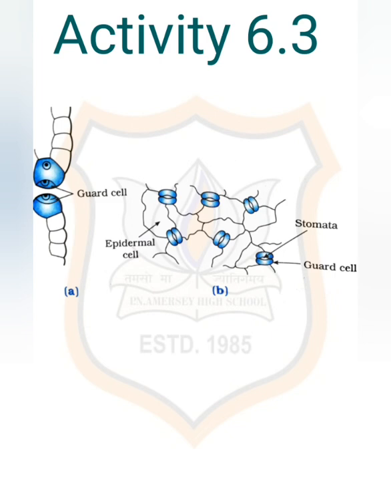So let us discuss the observation. A peel of Rhoeo leaf is mounted on the slide and observed under a microscope. It reveals the structure of a leaf, and the cells of epidermis and stomata are seen. So let us discuss the structure of the leaf. The outermost layer of the leaf is made up of single layered cells called epidermis.